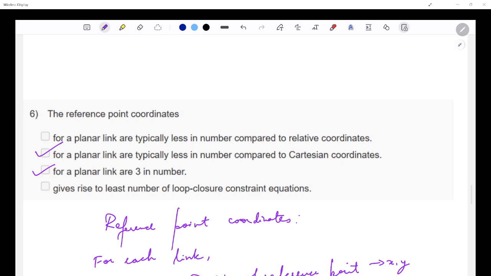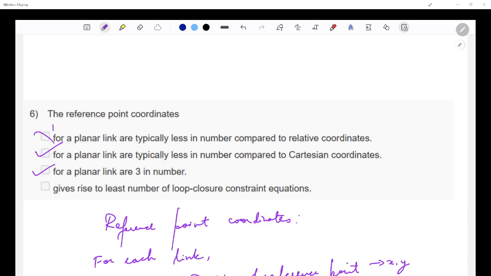The other option is for a planar link, they are typically less in number compared to relative coordinates. It's wrong because relative coordinates use minimum variables. Example, joint angles only. So for relative it is less, and then we have reference and then Cartesian.